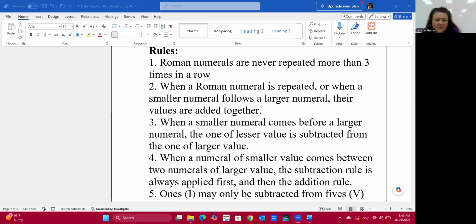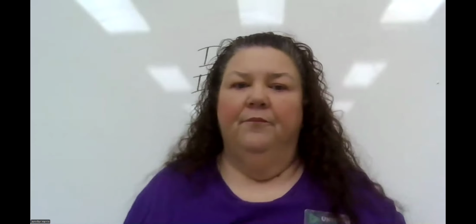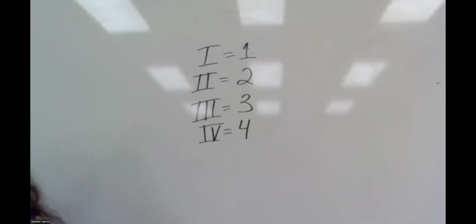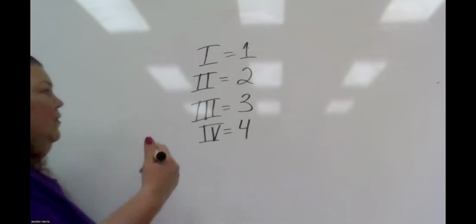So let's get to rule number 2. Rule number 2 says that when a Roman numeral is repeated, or when a smaller numeral follows a larger numeral, their values should be added together. So here we have 2 numerals that are the same value.